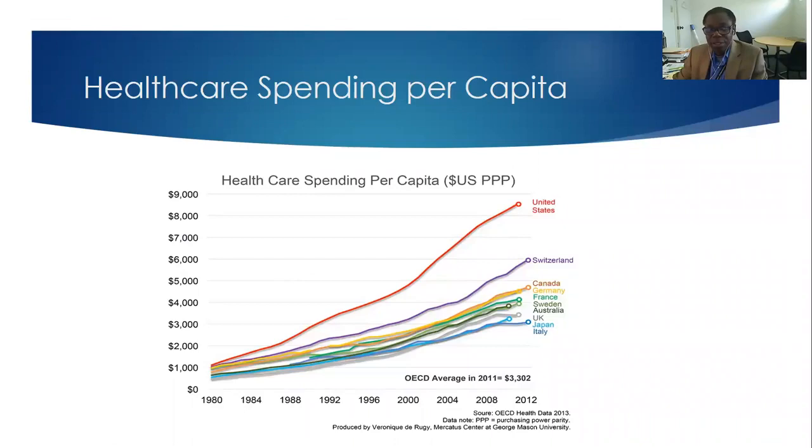OECD stands for the Organization of Economic Cooperation and Development, and it consists of over 30 democratic governments across the globe.